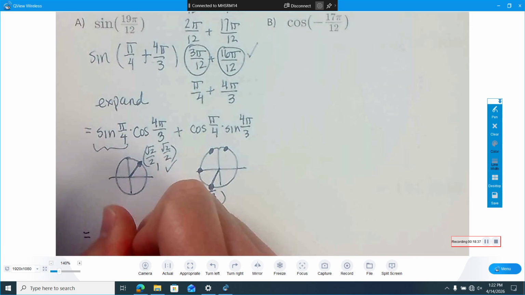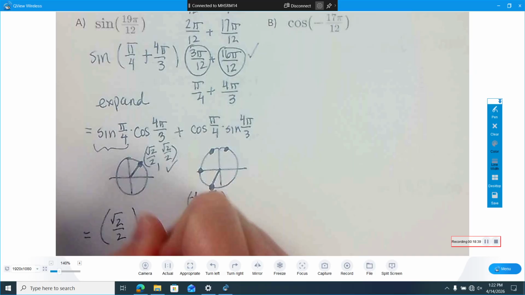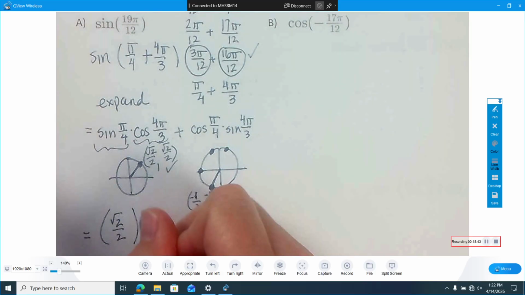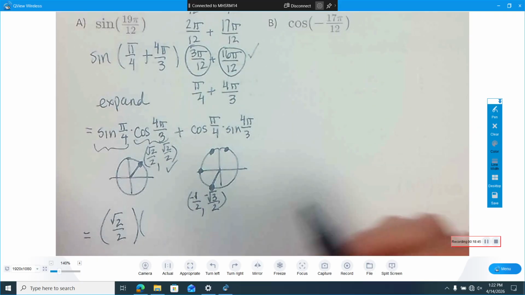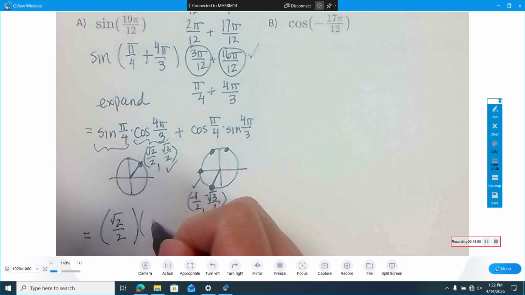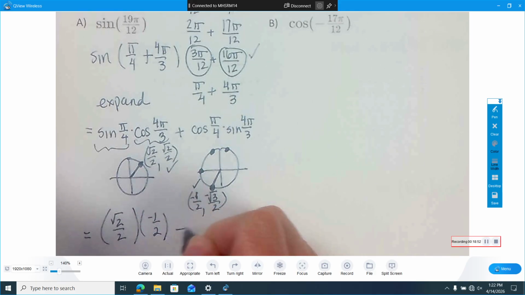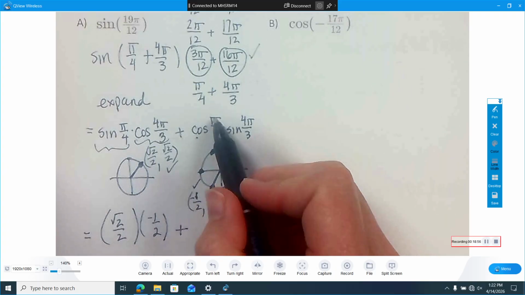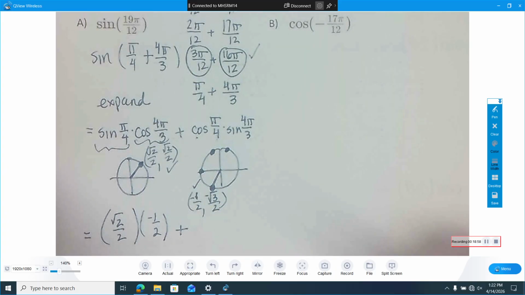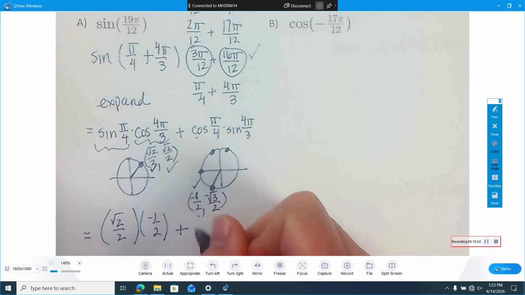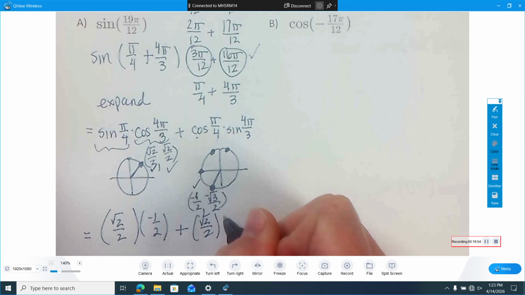Radical 2 over 2. All right. Now the cosine value at 4 pi over 3 is negative 1/2, that's the x-coordinate, plus the cosine value at pi over 4, right here, root 2 over 2.